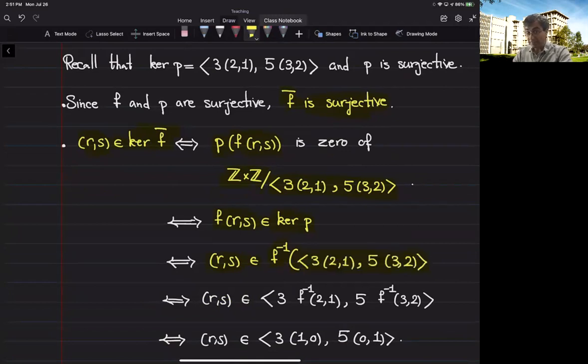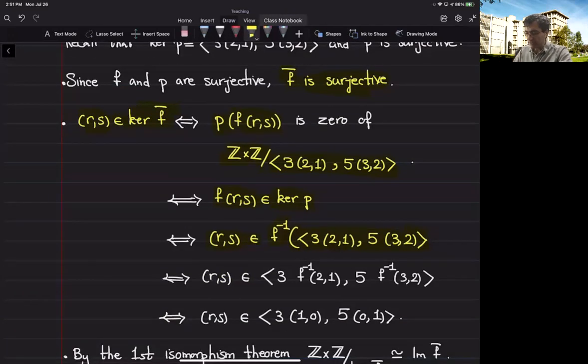F bar itself is a group automorphism, so I can apply this to each one of the generators. So the group generated by these two vectors, this group, is the same. After I apply F inverse, multiplication by 3 switches with the order of F inverse, and addition commutes with the order of F inverse.